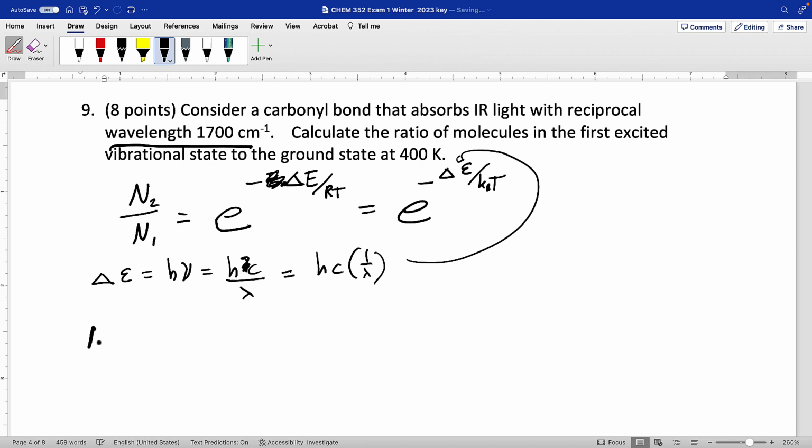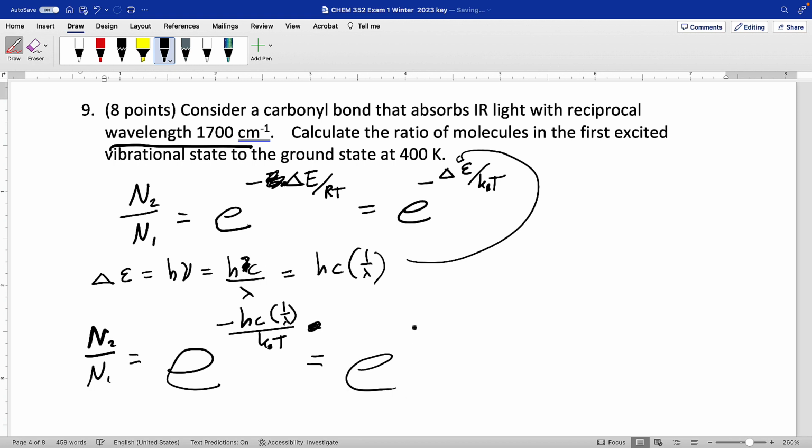Okay, so our ratio that we want is equal to negative hc reciprocal wavelength all over kT. And now we can just plug in some numbers. So we've got negative 6.626 times 10 to the negative 34 joules times seconds.